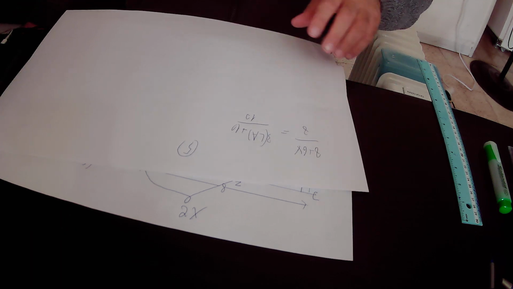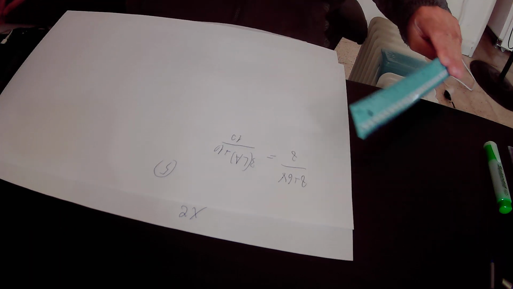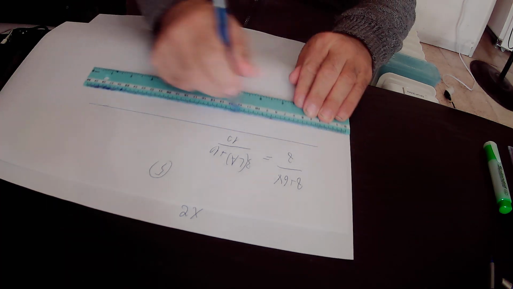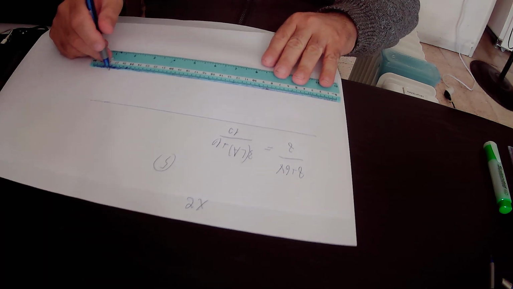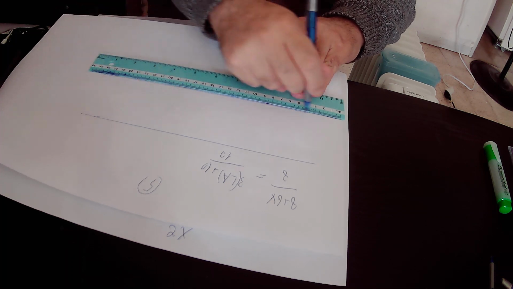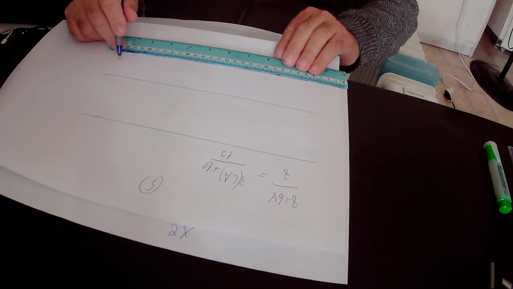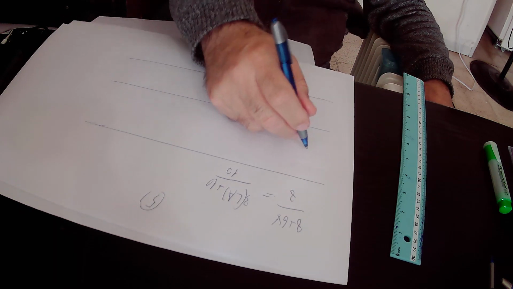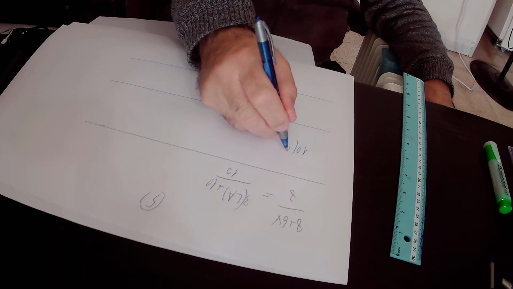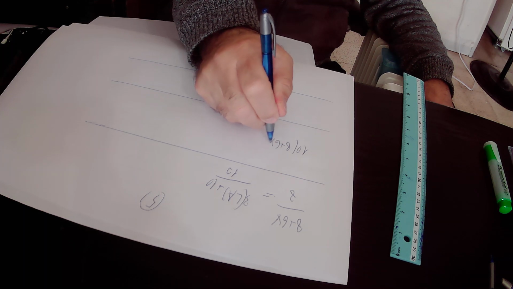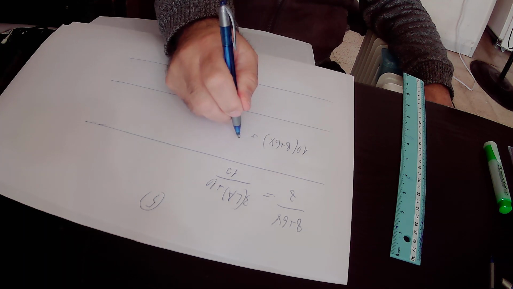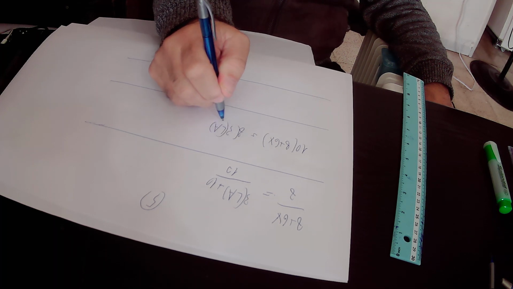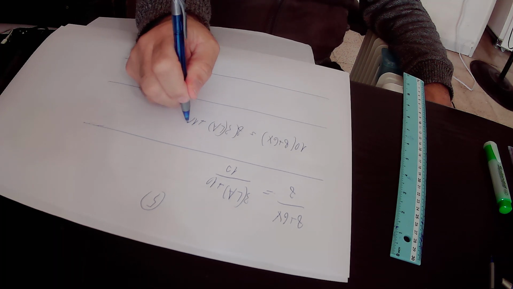So here we'll cross multiply this equation, and we'll get that 10 times (8 plus 6x) is equal to 8 times (3LA plus 10).